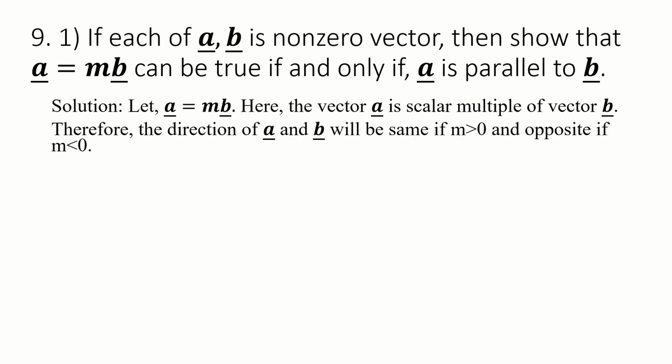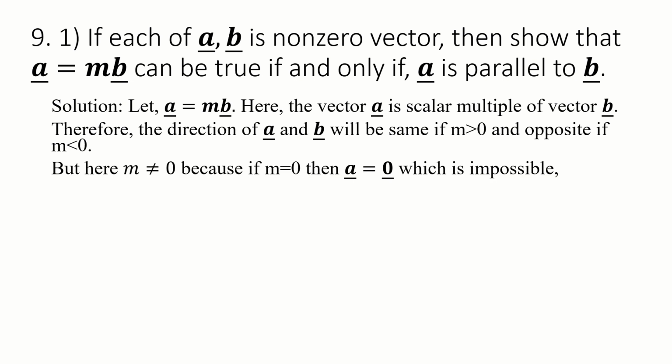Therefore the direction of A vector and B vector will be the same if m greater than 0 and opposite if m less than 0. This I have also explained in my second lecture, maybe. Clear?